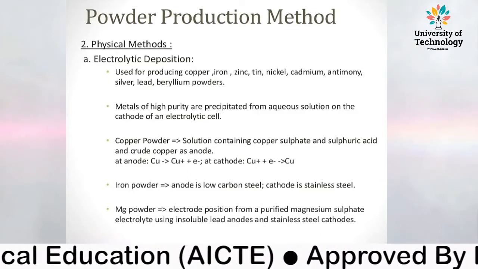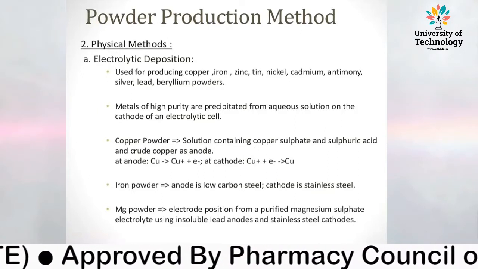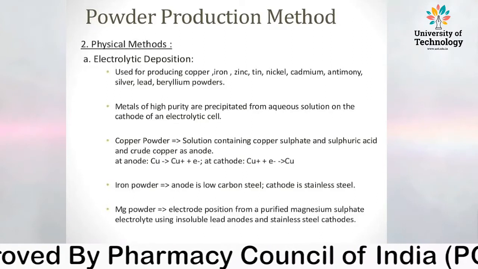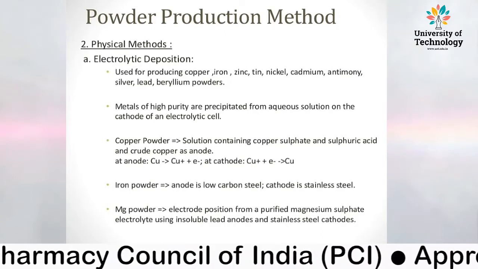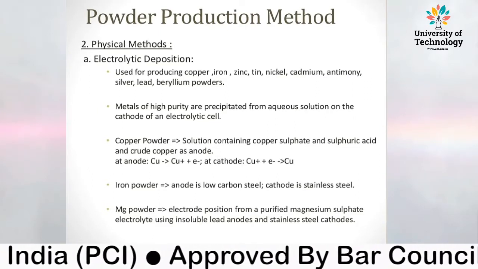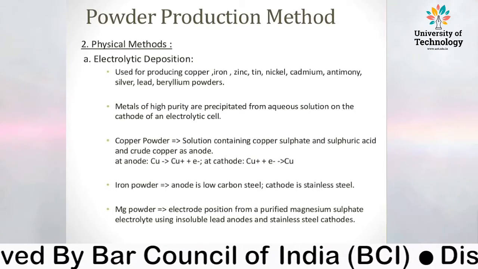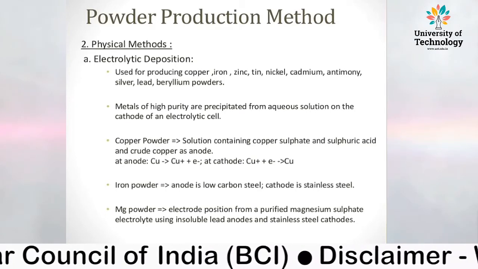For magnesium powder, electrodeposition is from a purified magnesium sulfate electrolyte using insoluble lead anodes and a stainless steel cathode.